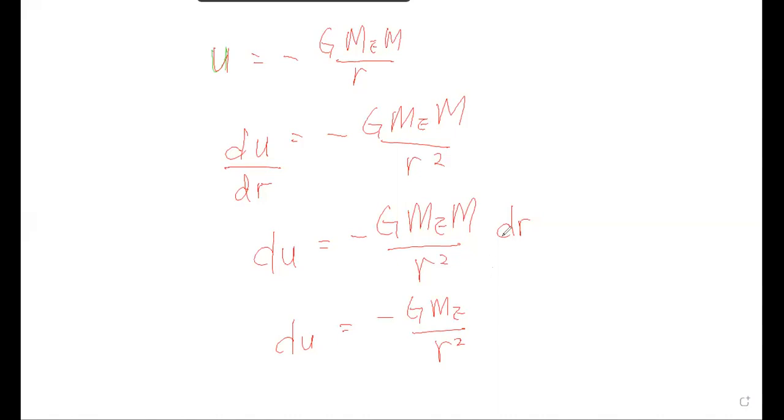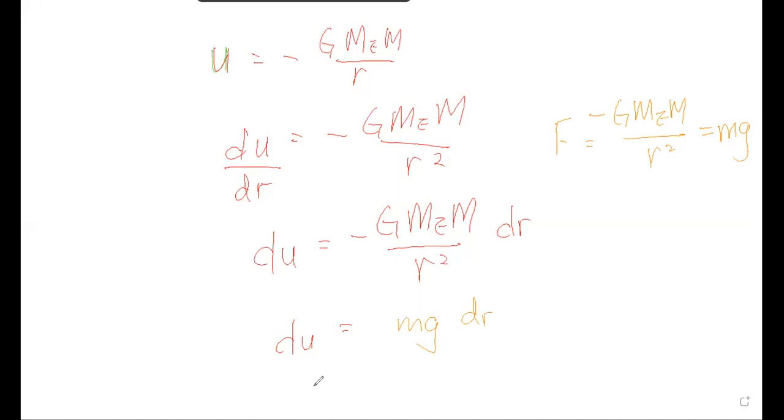First, what is this actually? We get negative G M_E m over R squared. This will be a force, right? Where it will be mg. So as a result, it will be mg dR.